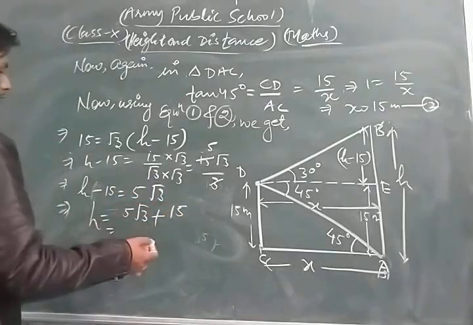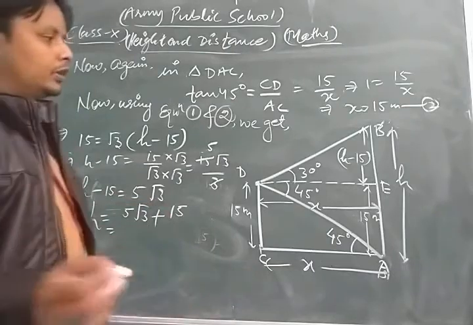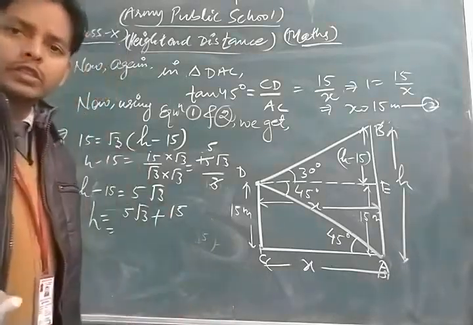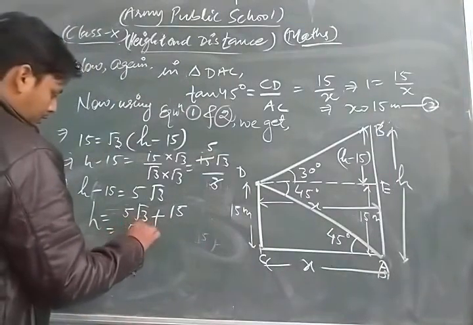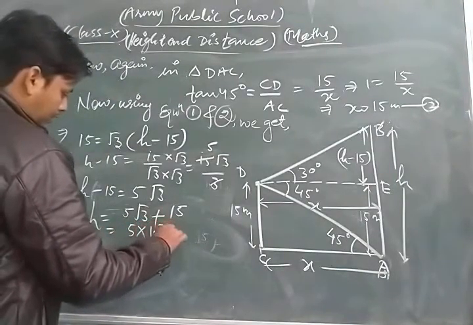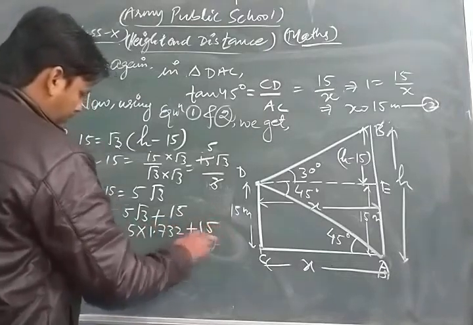Now in that question the value of root 3 is given, that is 1.732, so now we just put the value. H equals 5 times 1.732 plus 15, that is 8.66 plus 15.